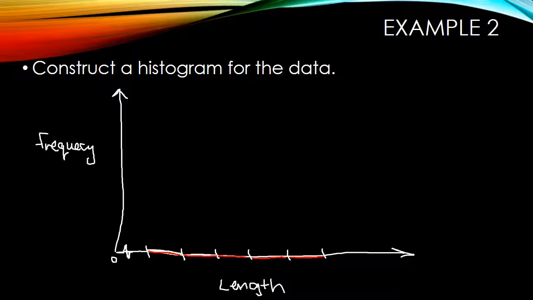So our first bin is for the interval from 8 to 8.1. And then our second bin is from 8.2 to 8.3.